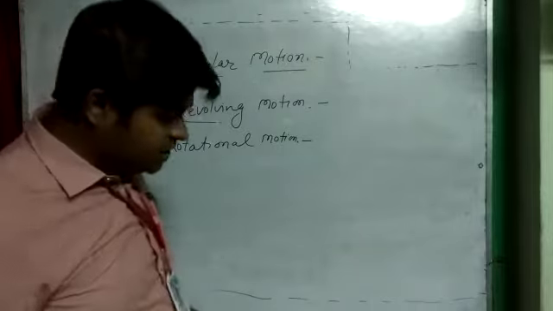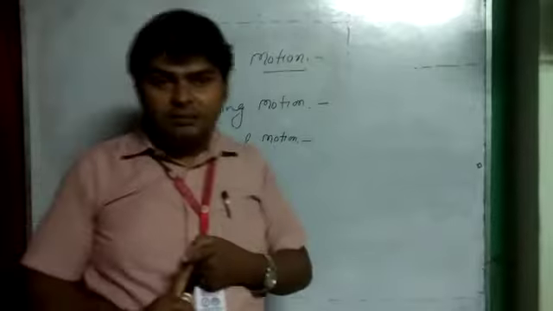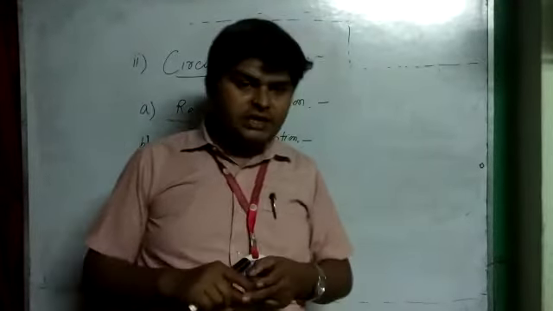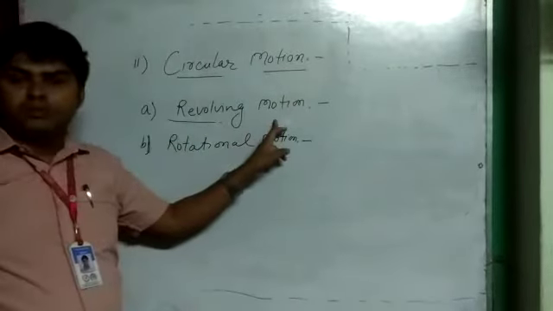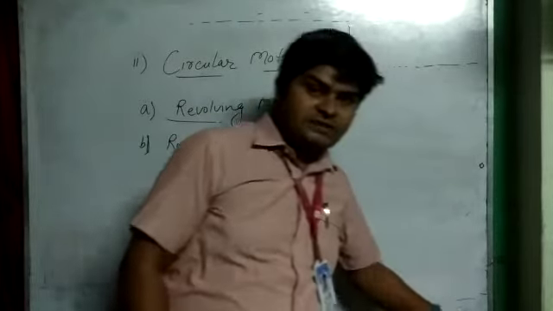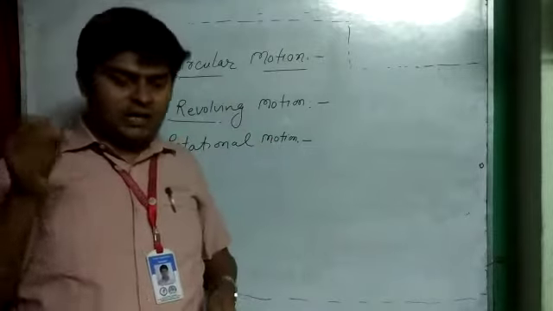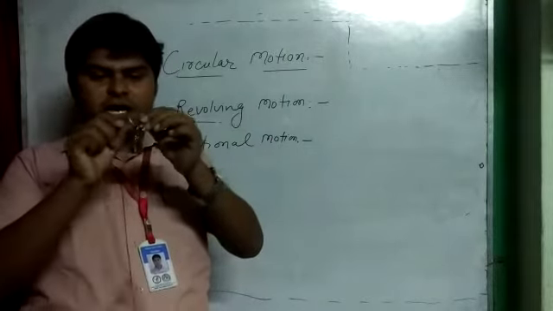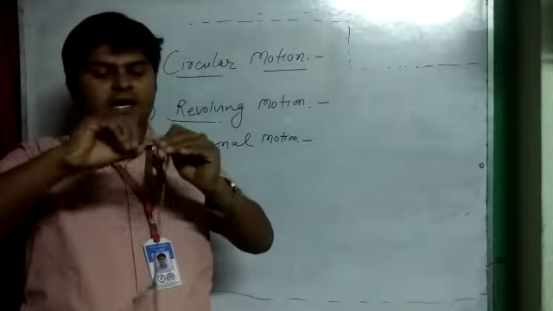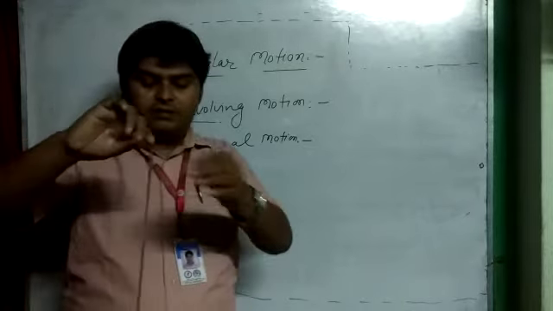What is revolving motion? The motion in which an object moves in a circular path and changes its position continuously is called revolving motion. As for example, suppose we take a thread and tie a key to the thread, and hold the other end of the thread and rotate it.